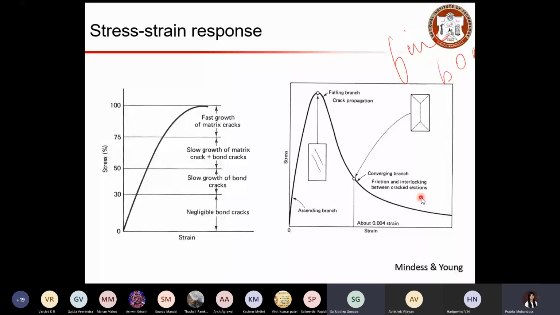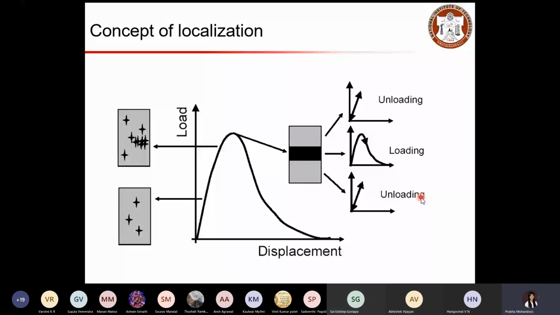So here is the concept of localization. This is what I was explaining before: up to this region, the 30% of your ultimate stress, you will have negligible, very fine bond cracks in your matrix, and with increasing load, these cracks will grow slowly and then get connected.